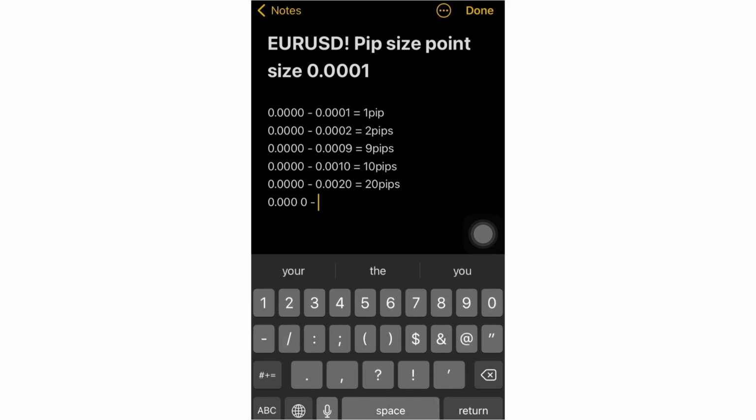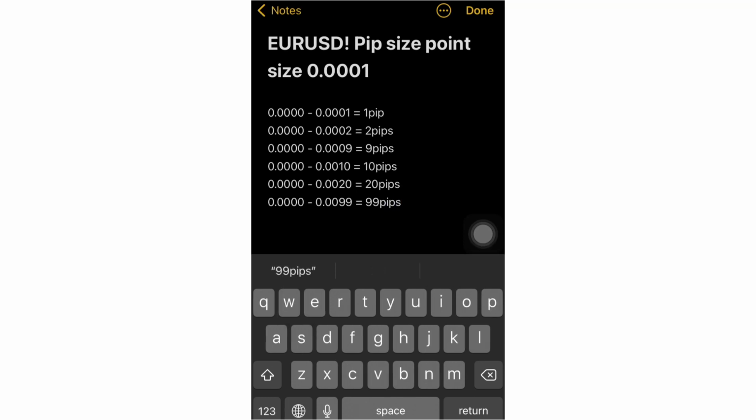So, let's continue. This is a practical class I'm going to give you guys, trust me. So let's say 99. This is a 99 pip movement. So what does 100 look like?